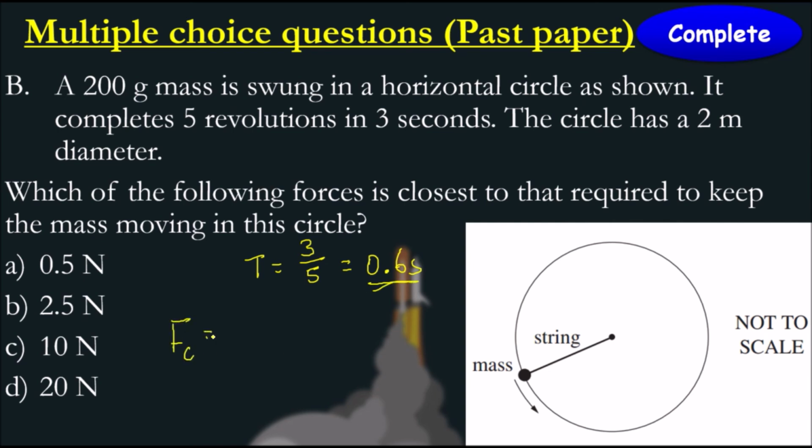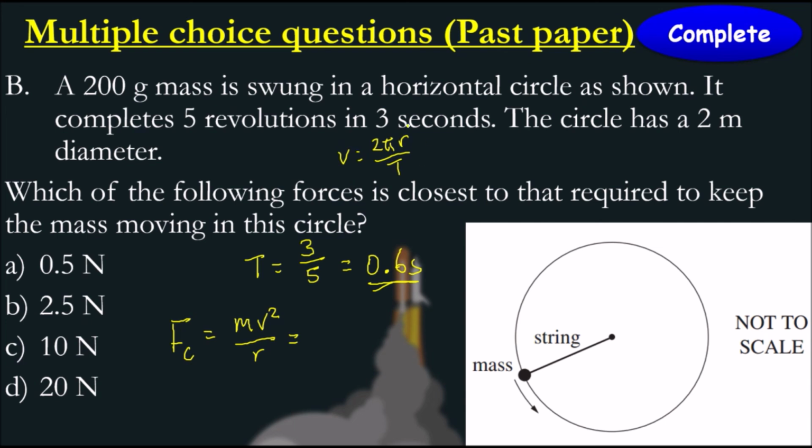Substitute that into your centripetal force equation, mv squared over r. Okay, so I know also the velocity of a moving object is 2 pi r over T, right? That's the idea that we have.